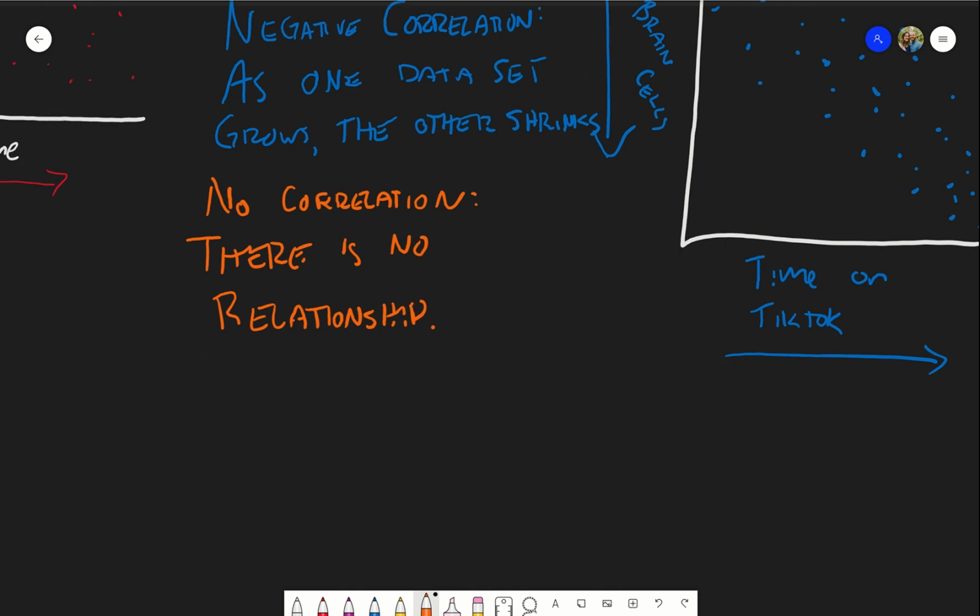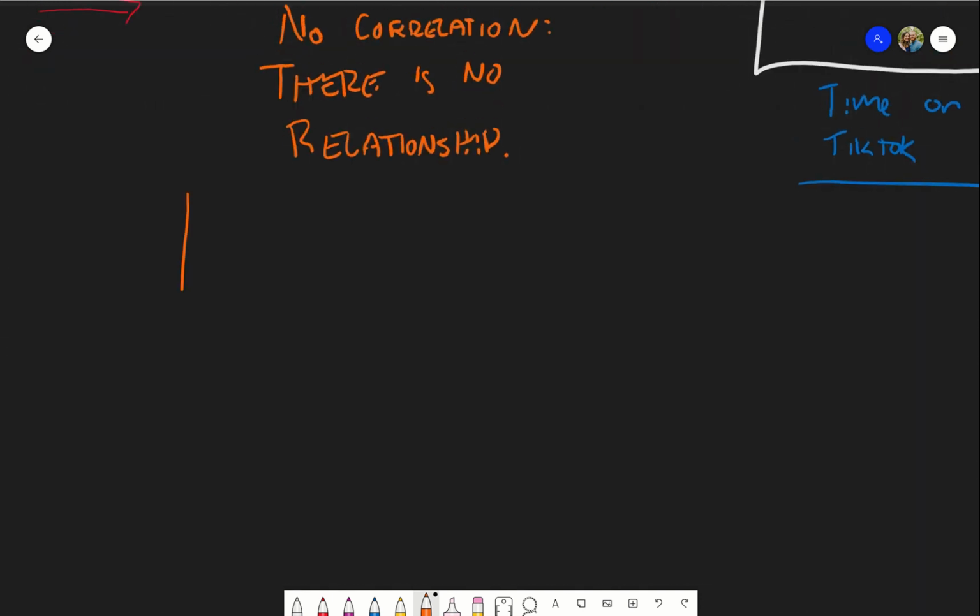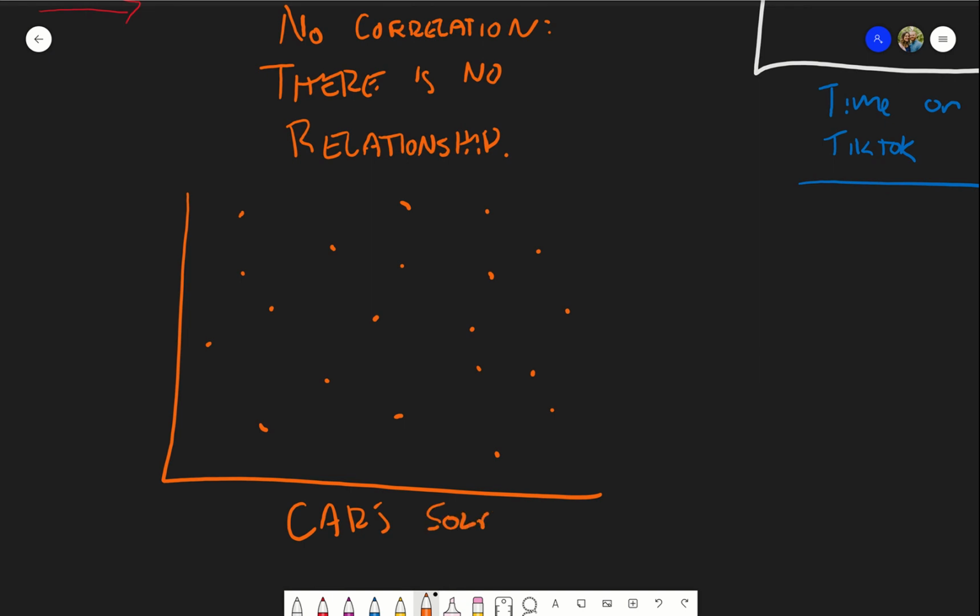And that would be a graph that might look something like this, and this would be cars sold and the, I don't know, number of, I can't even think of anything.